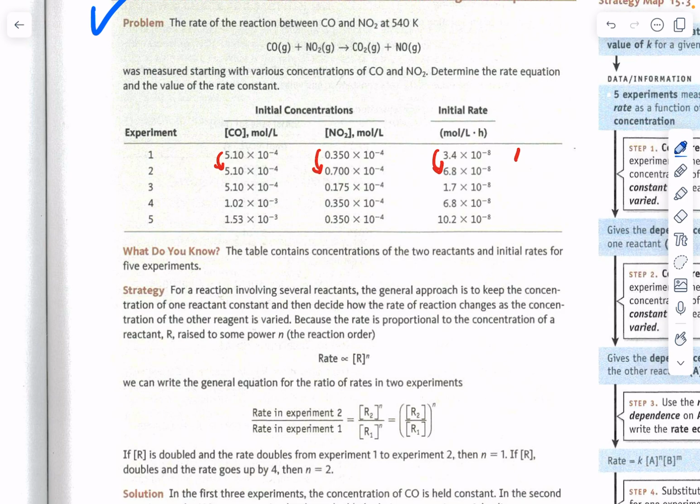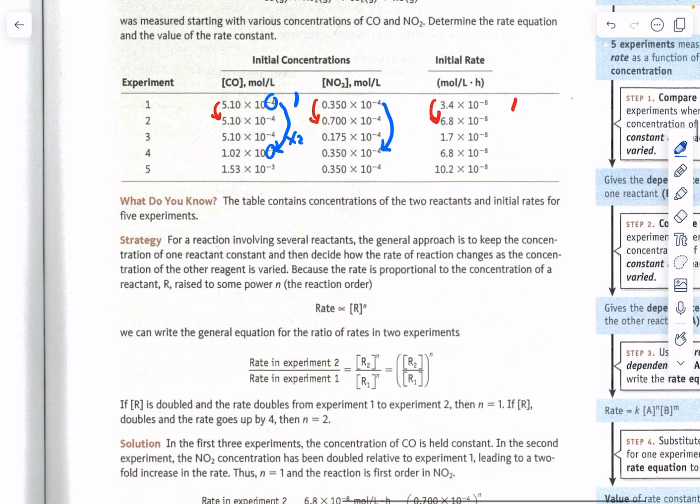So if I hold it constant, say we're going from here to here, I'm holding the nitrogen dioxide constant, and then when I go from here to here, you'll notice that this causes a doubling. Notice the exponent, -4, -3, so we're doubling. This is times 2. It doubles the rate.